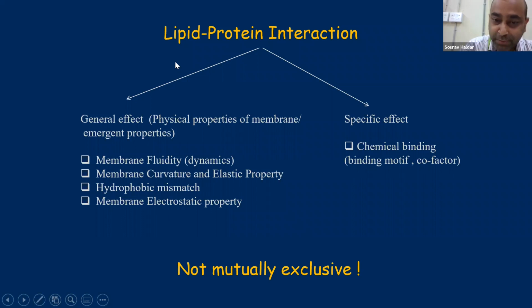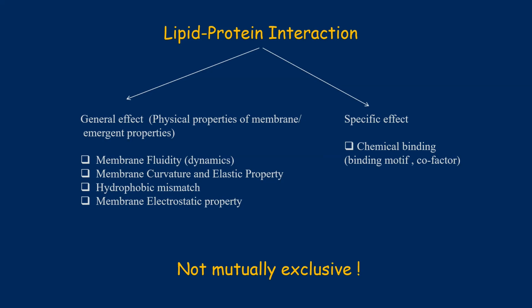Now, what is most important is that the specific effect and general effect of lipids are not mutually exclusive. That means a membrane protein which has got a specific binding motif for cholesterol, that does not mean that this protein will not be influenced by the other attributes of cholesterol. For example, cholesterol has a profound effect on membrane thickness in the form of ordering, right? So the liquid ordered phase that I was mentioning in the last class will have a higher thickness compared to liquid disordered phase.